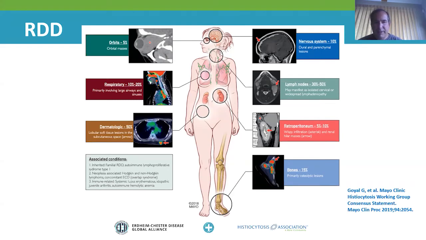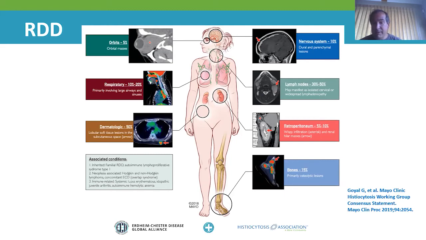In adult populations, the disease is a little bit different. We don't tend to see that massive cervical lymphadenopathy. It does present with lymphadenopathy, but not the classic presentation you see in children. I think the important thing to know about RDD in adults is its association with other conditions. RDD in adults can frequently be seen in the context of autoimmune diseases, most classically lupus, but other diseases as well.